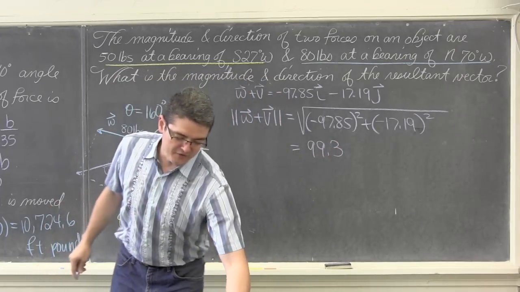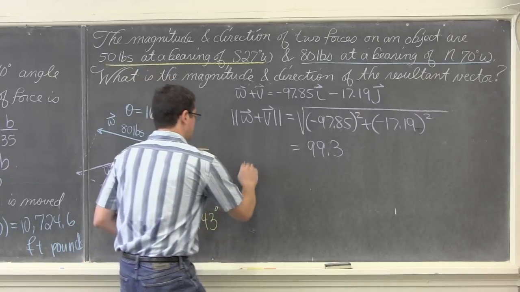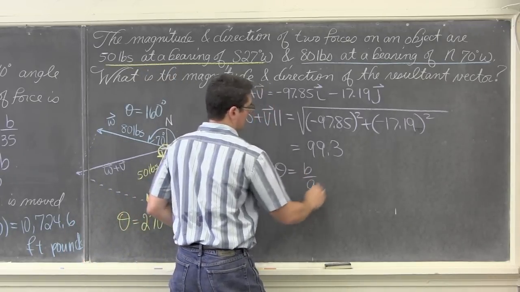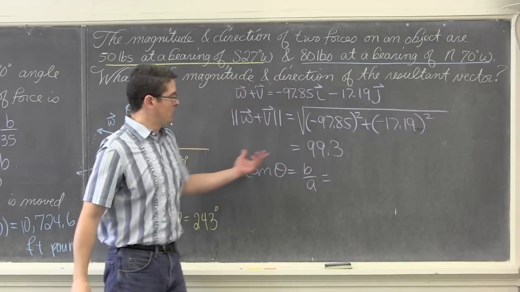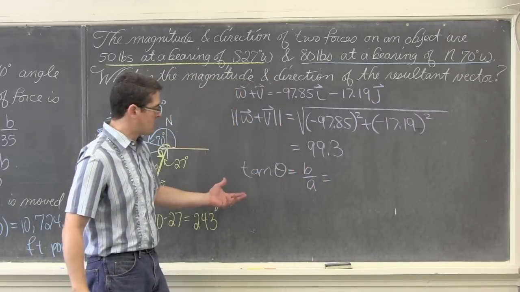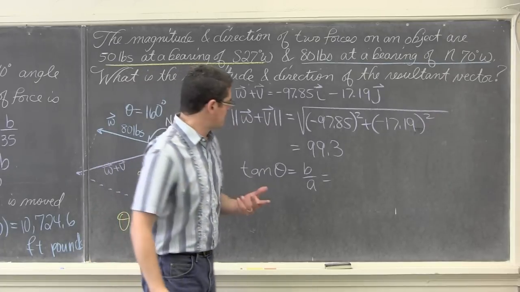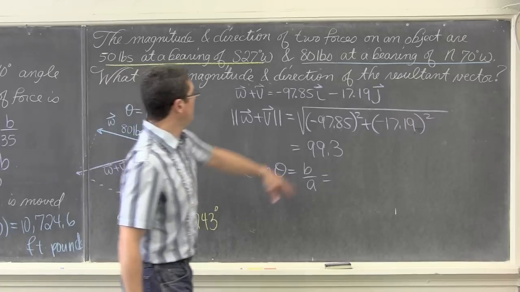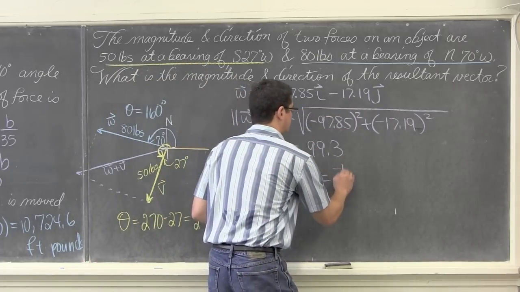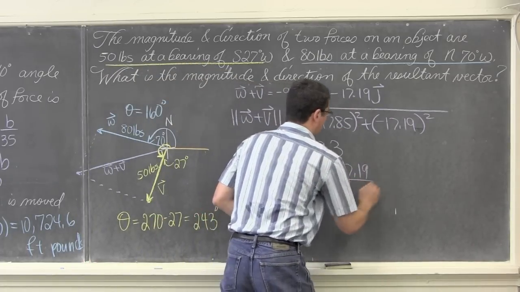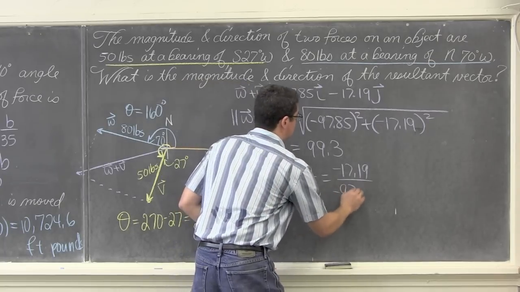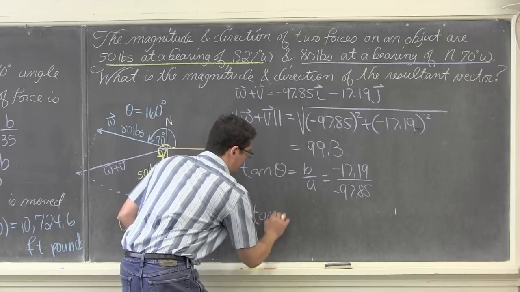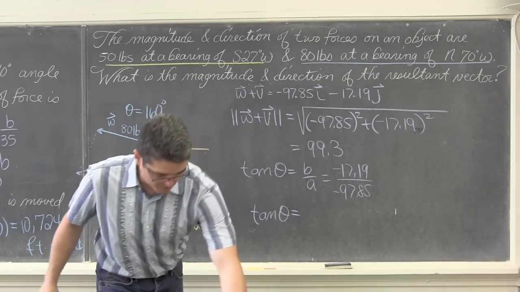Okay, what about the final direction? Well, tangent of theta is equal to B over A. It's the same kind of conversion as when you went from, let's say, polar coordinates to rectangular coordinates way back when you first started your study of trigonometry. It's going to be B, negative 17.19, over A, which is negative 97.85.